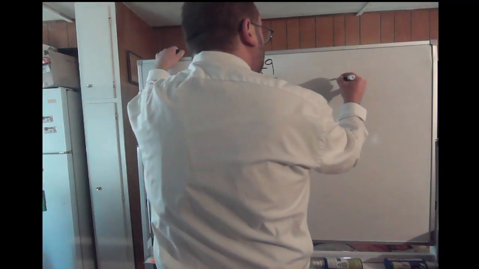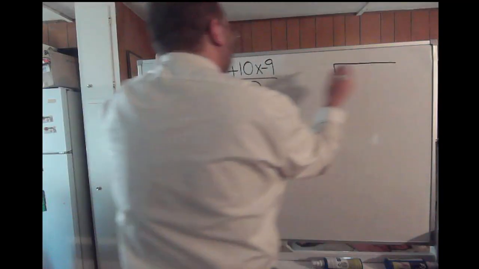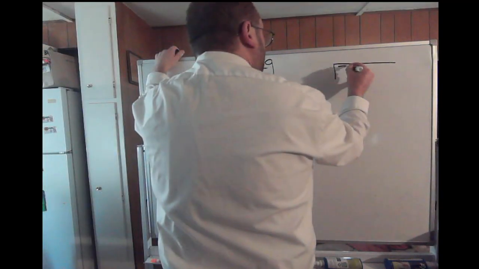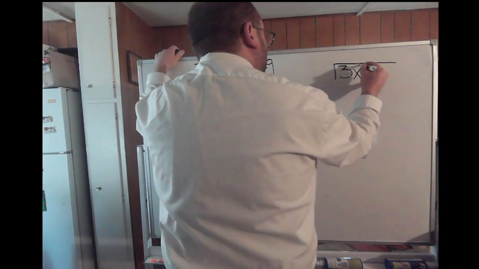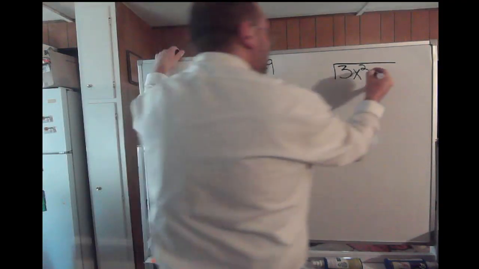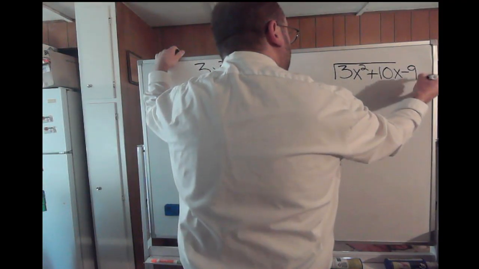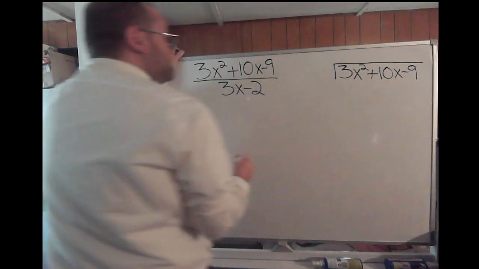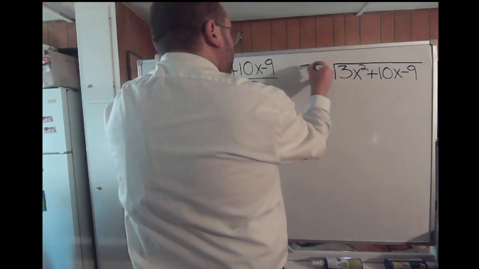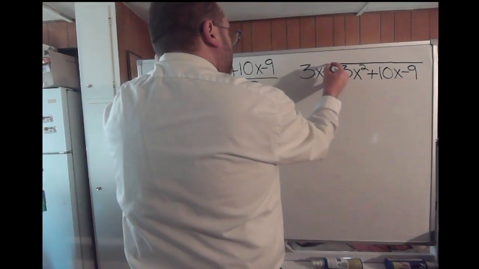Well, let's set up our long division here. Set up your dividend of 3x squared plus your 10x minus 9. That'll be in your dividend divided by your divisor of 3x minus 2.